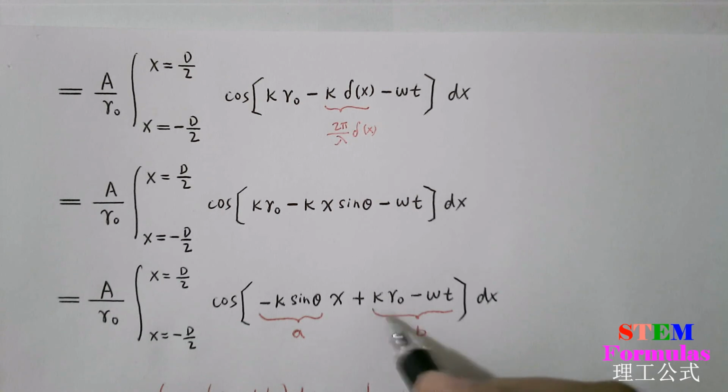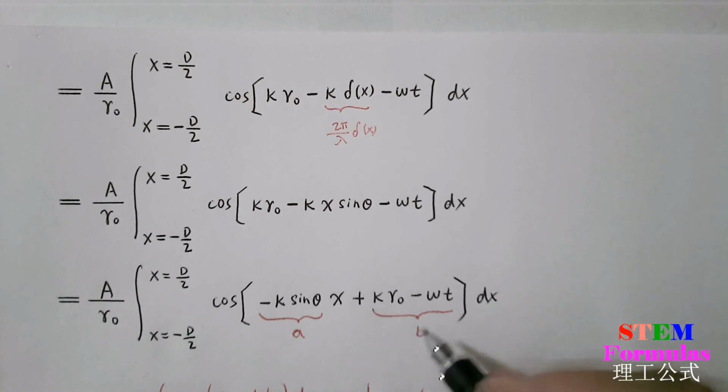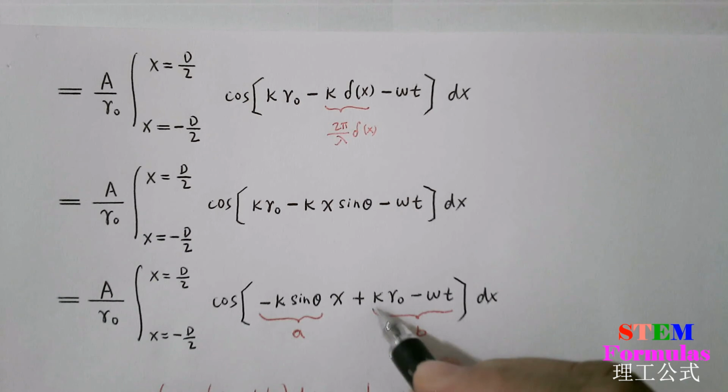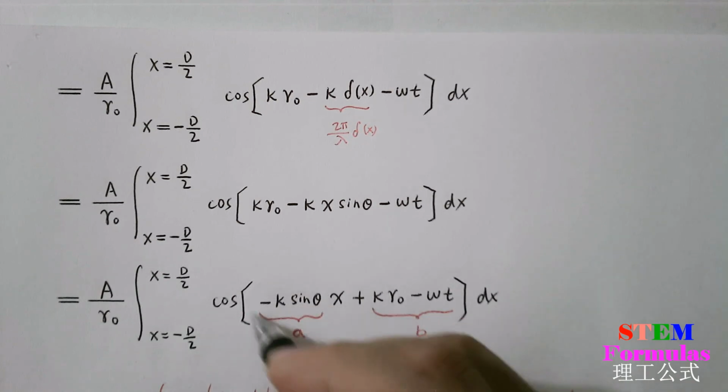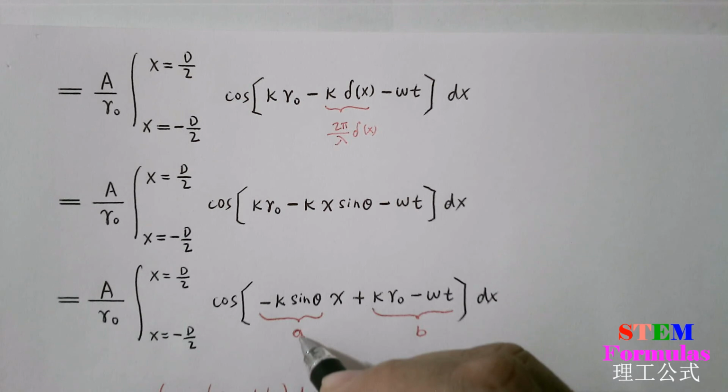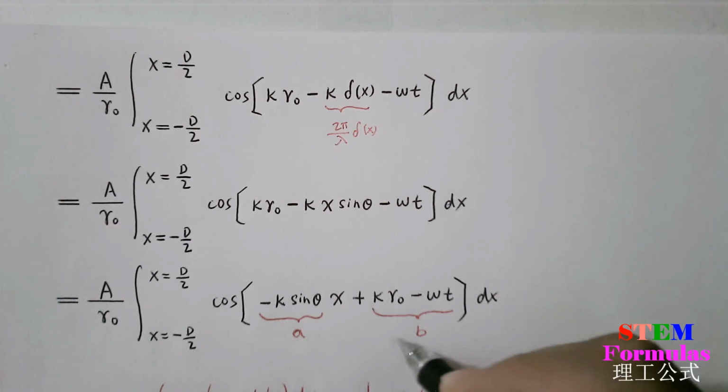I combine these terms as b, and the coefficient in front of x I call a. So this is a, this is b.